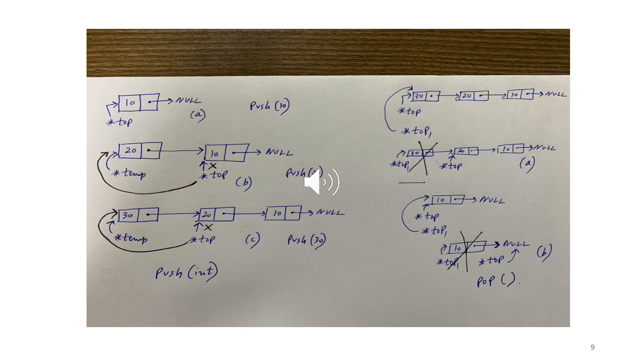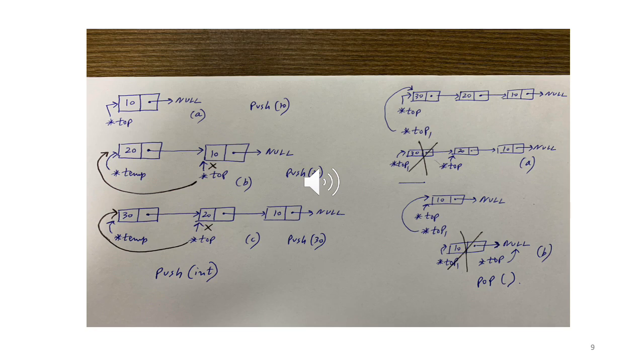Now what are we going to do? The question is what is the value of top? The value of top is pointing to the node with the data 10. So what are the things we need to do? First, of course, we have to create a link between this and the node with data 10. The way we do it is temp arrow PTR is equal to top. So what is temp arrow PTR?